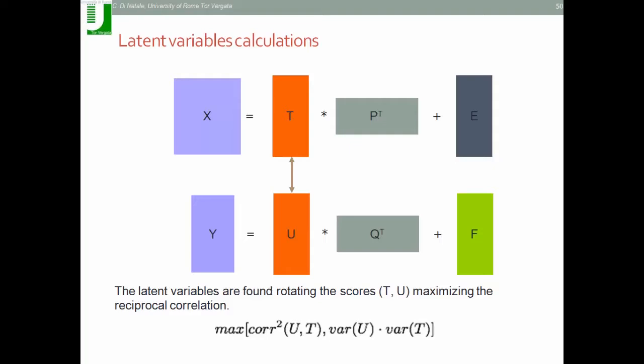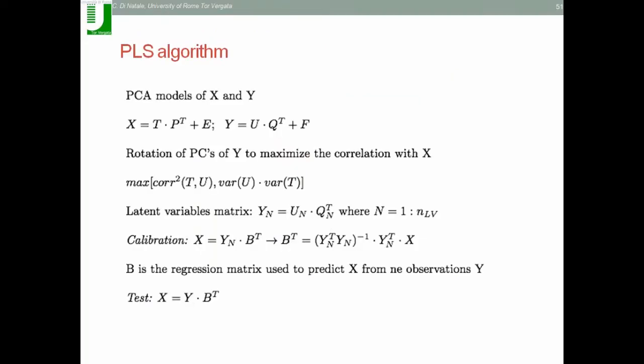And then we rotate the representation in order to maximize the correlation between the scores of the sensor response, the sensor variables, with the scores of the variables that we want to estimate. And this is a great advantage, and this provides a very effective algorithm that can solve many complicated problems.